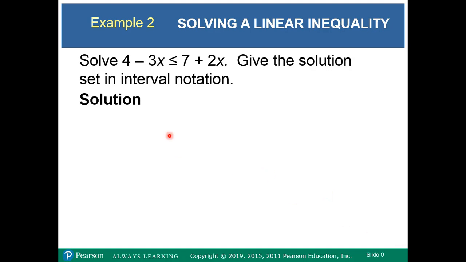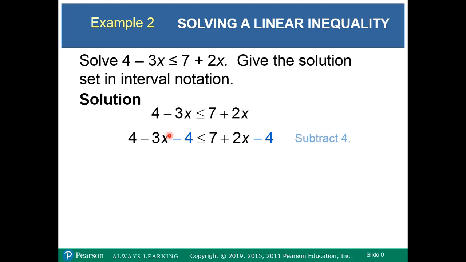Okay, so let's solve this one. So it says give the solution set in interval notation. Okay, so the first thing we're going to do is we're going to solve for x. So we're going to isolate x on one side of the inequality. So we're going to subtract 4 from both sides.